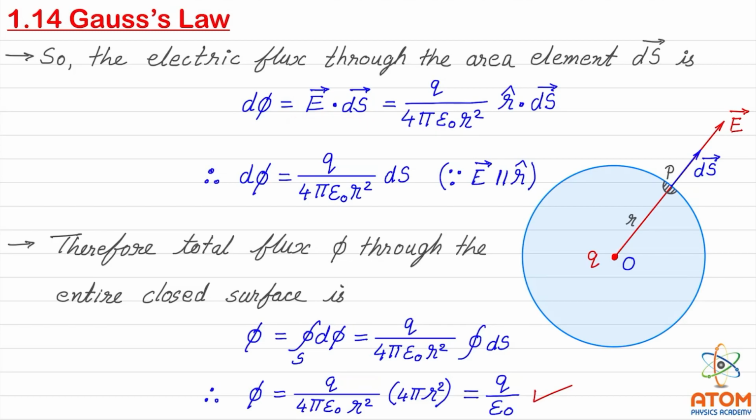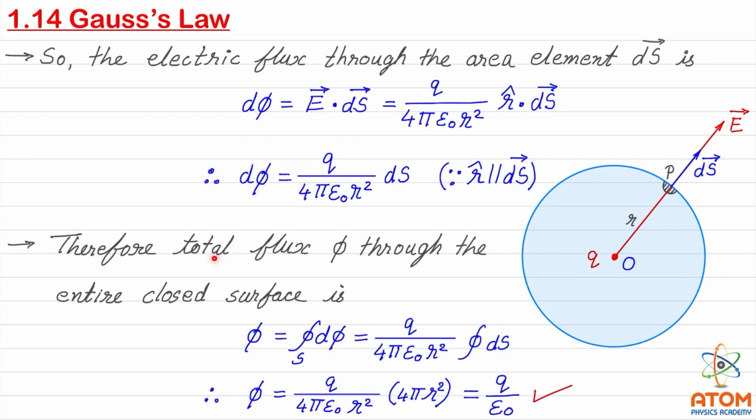But as we said, E is q upon 4 pi epsilon 0 r square r caret dot ds. But now the unit vector r caret and the area vector ds both are in the same direction. That's why we can now further write this equation as d phi is equal to q upon 4 pi epsilon 0 r square ds only, because this dot product will become just ds.